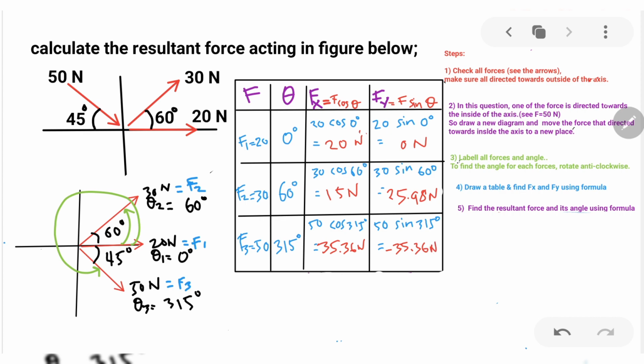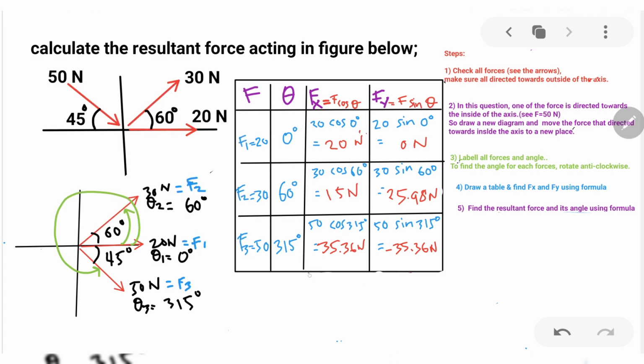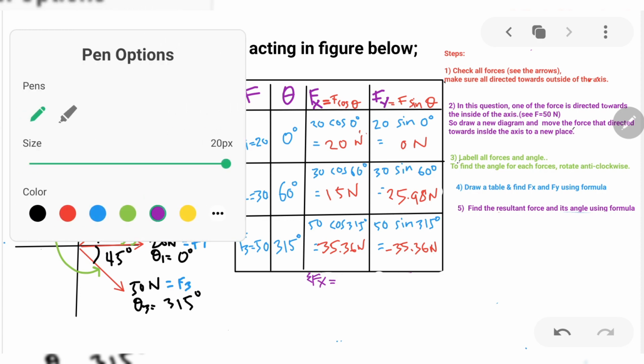Now after you find all the resolutions of force for Fx and Fy, add all these values to get the sum of Fx. Okay, so for this question, 20 plus 15 plus 35.36 Newton is equal to 70.36 Newton.